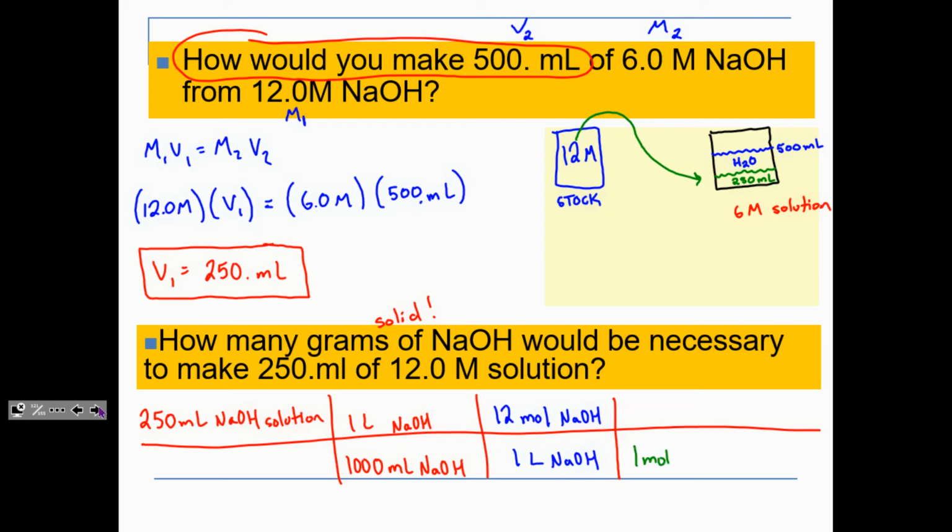For every 1 mole of NaOH, I have 40.0 grams of NaOH. And when I calculate, I get an answer of 120 grams of NaOH. And this actually allows me to weigh out on a scale how much I need in order to create the solution.